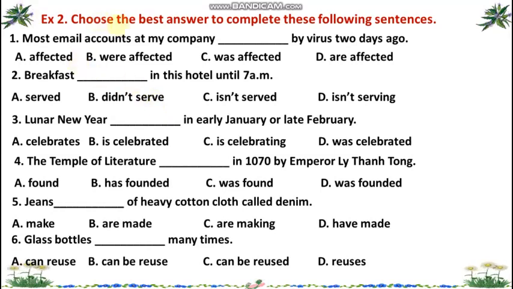And you have to choose the best answer to complete the following sentences. In each sentence, I have 4 answers, A, B, C, or D. Remember to underline the keyword before choosing the answer.